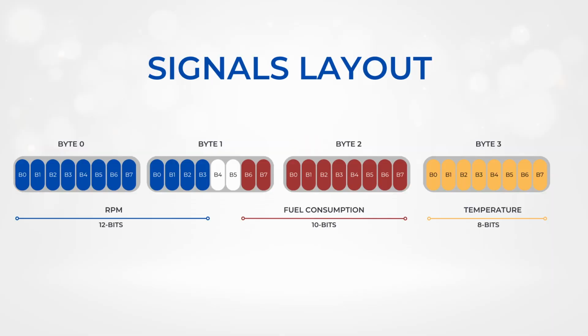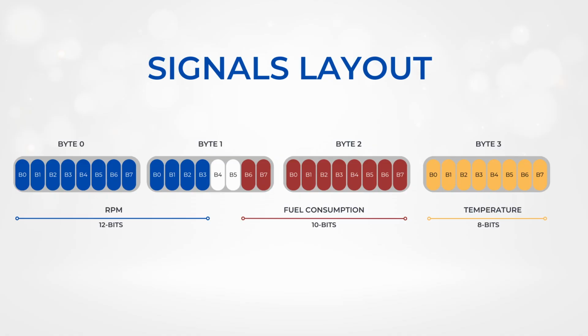For each of these signals, the manufacturer specifies the length. For example, RPM transmitted to the computer can be recorded in 12 bits, temperature in 10 bits, and fuel consumption just in 8 bits, using a scalar for conversion into the real values.